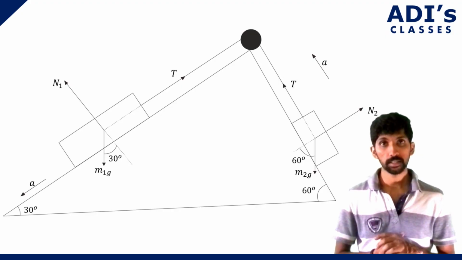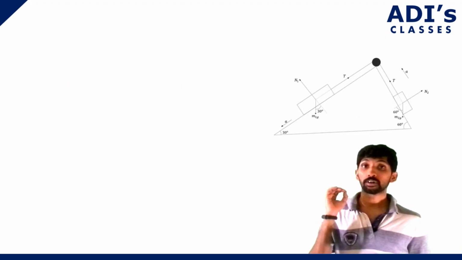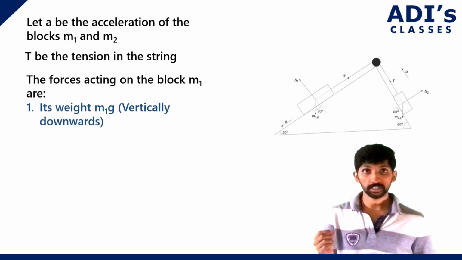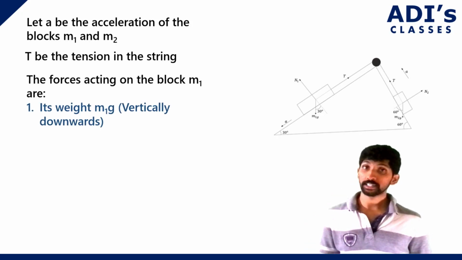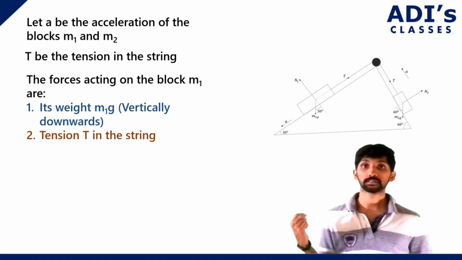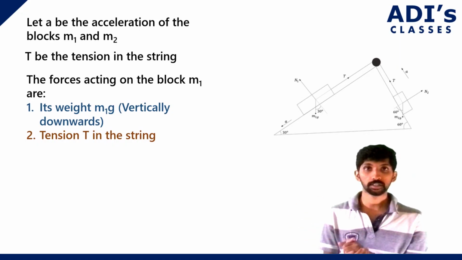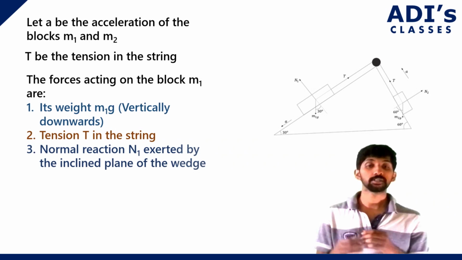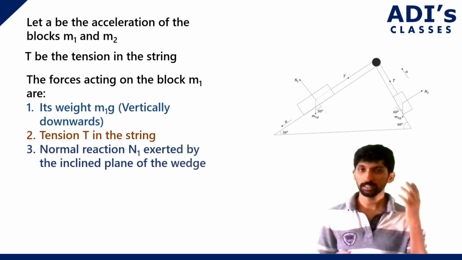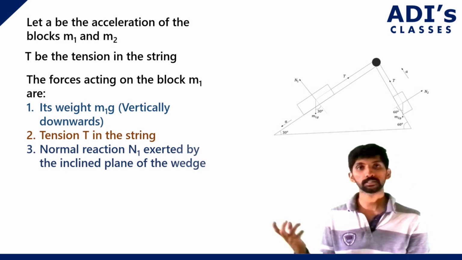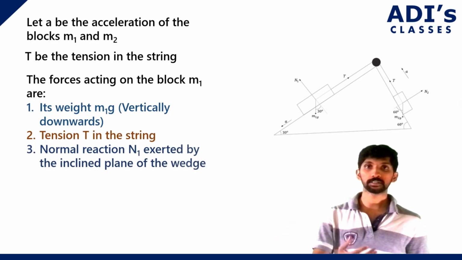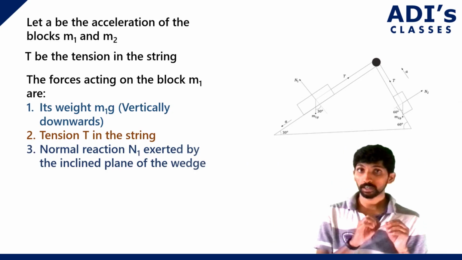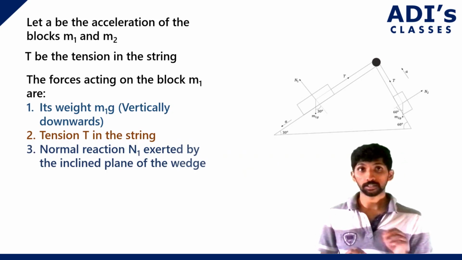Next, the forces acting on the block m1. One is weight, which is vertically down, the tension of the string, and the normal reaction. I cannot say the tension is upwards, but for your understanding, weight is downwards, tension is upwards, and there is the normal.